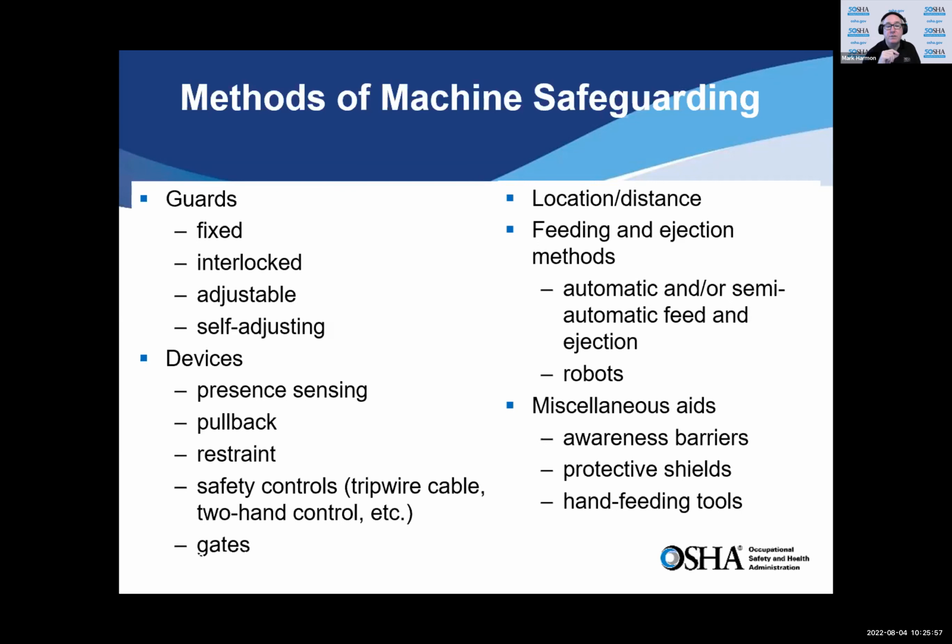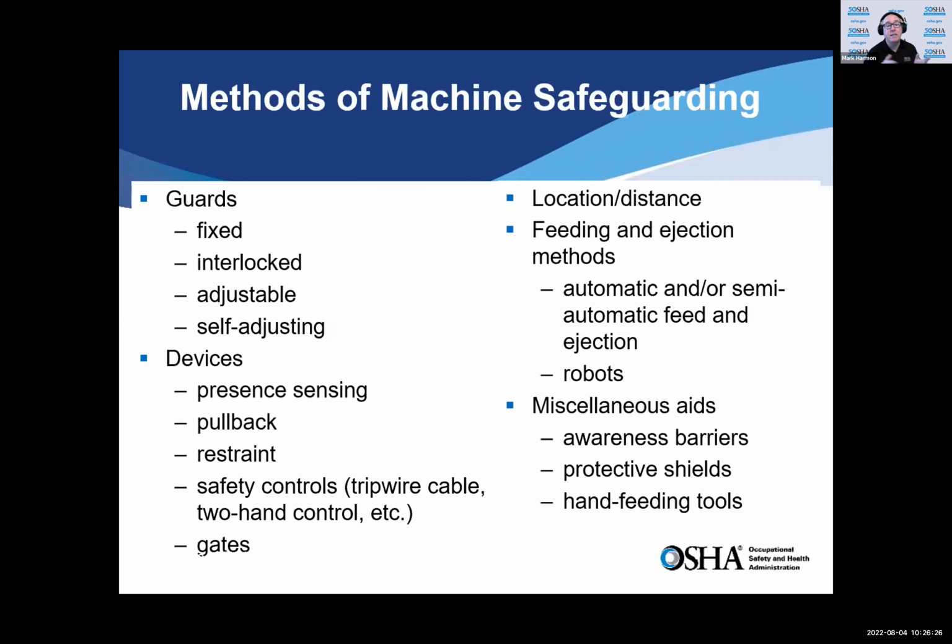If we come down to the next bullet point, it says devices. What are machine safeguarding devices? That could be present sensing. Think of a light curtain, or a floor mat that has a sensor on it so that if somebody is standing on it, the machine is not able to operate.